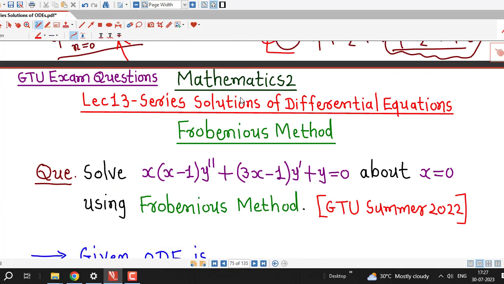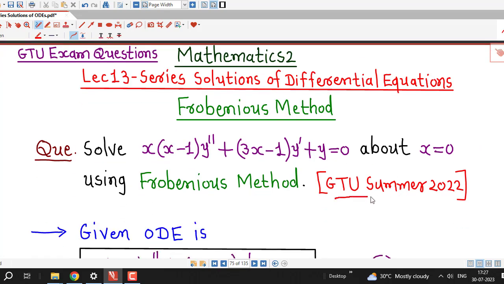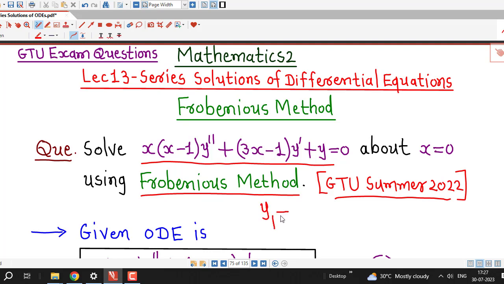Here I have taken this example which was asked in GTU Summer 2022 exam, and here we will see that indicial equation has equal roots, and using method of reduction of order we will be able to decide second linearly independent solution. First solution will be decided by using Frobenius method and assuming that solution is always in this form if x equal to 0 is a regular singular point of given differential equation.